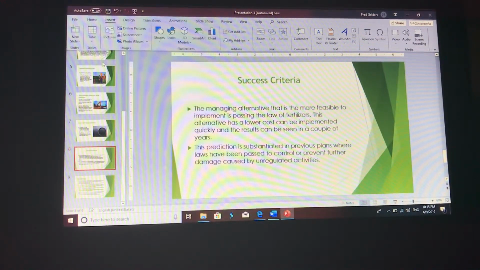Now, the reason that I'm inclining towards this alternative is because similar plans have been done in the past with some success. For instance, before 1994, people were able to purchase freon to refuel their air conditioners.